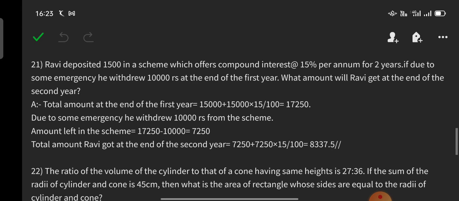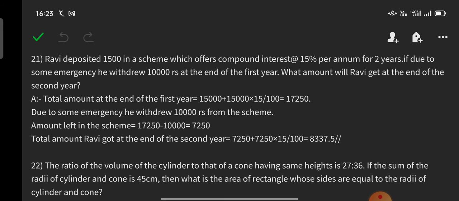21st question. Ravi deposited 15,000 in a scheme which offers compound interest 15% per annum for 2 years, and if due to some emergency he withdrew 10,000 rupees at the end of the first year, what amount will Ravi get at the end of the second year? So total amount at the end of the first year is 15,000 plus 15,000 into 15 by 100, that is 17,250, and due to some emergency he withdrew 10,000 rupees from the scheme.